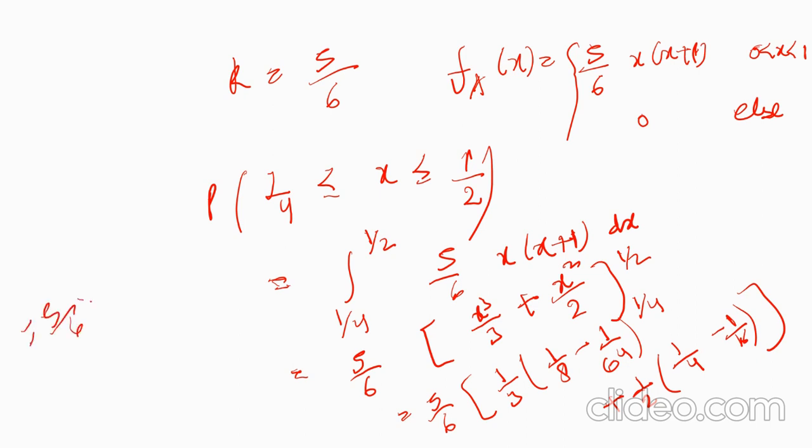So it will be 5 by 6 multiplied by this, which gives 25 by 192.